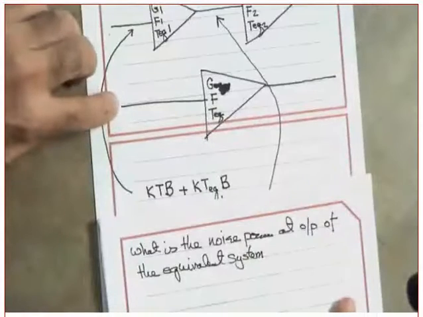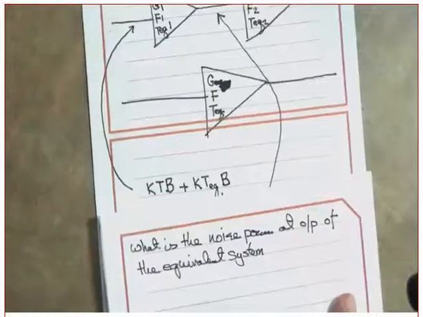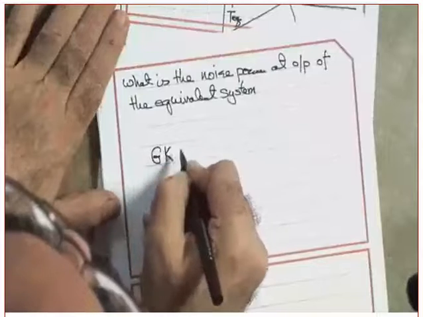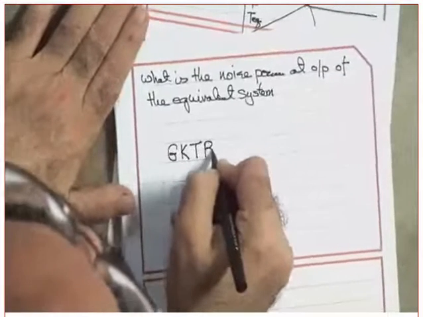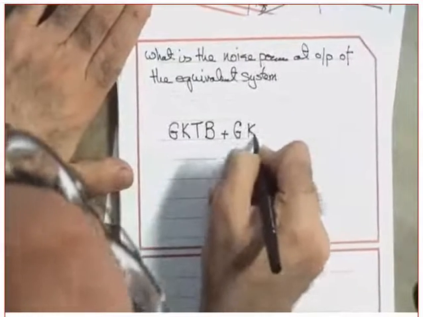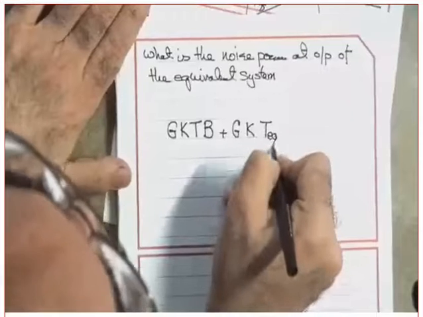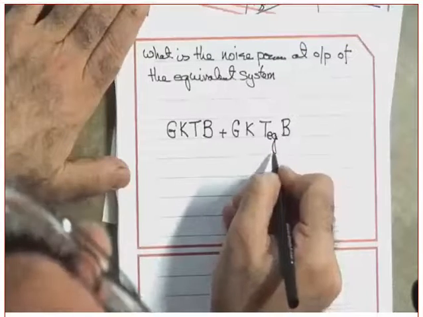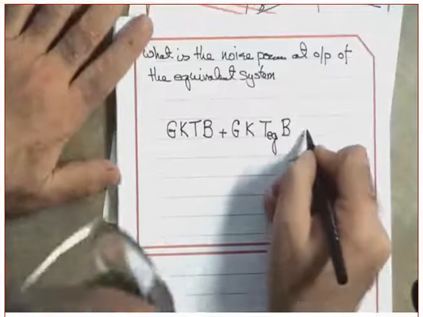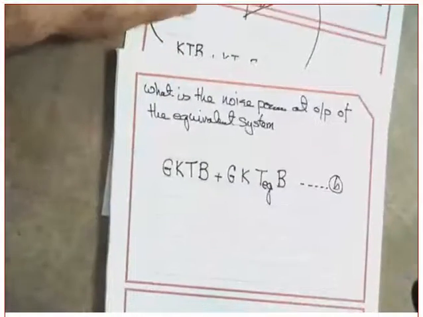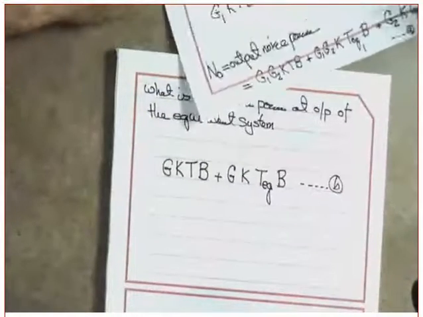Is the source the same? Yes. The noise source is the same. So it's G K T B plus G K T equivalent B. No subscript. This is equation B. Clear so far? Yes or no?